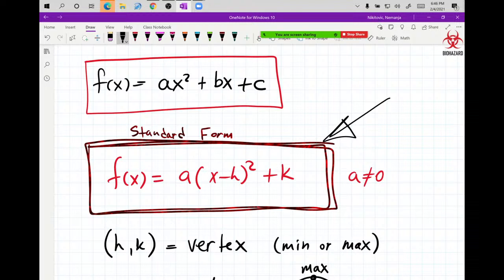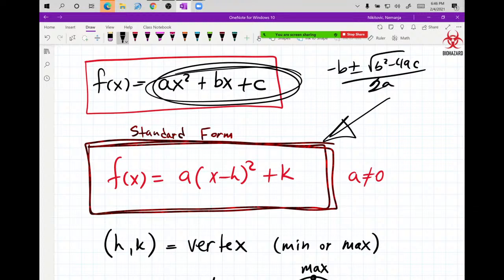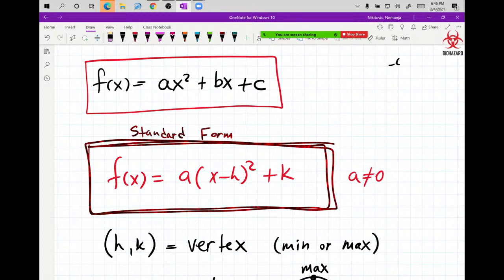The other one is the one that you learn in algebra, and because you need to learn that negative b plus minus square root of b squared minus 4ac, right, over 2a, and you see a, b, c are picked from here. So the standard form, unfortunately, is not going to help, right? So we need both. Okay.